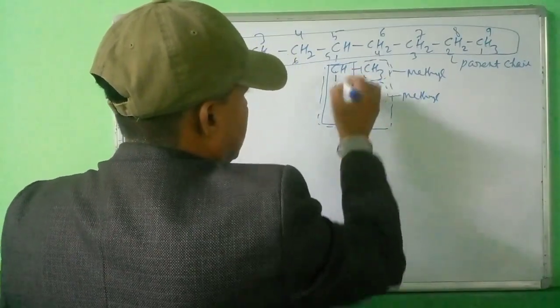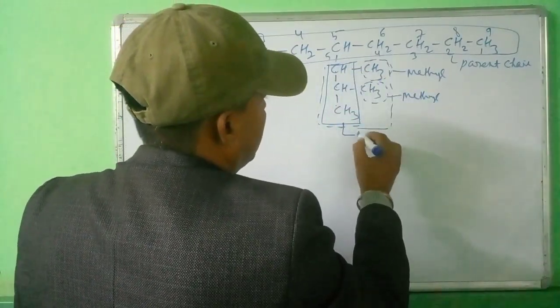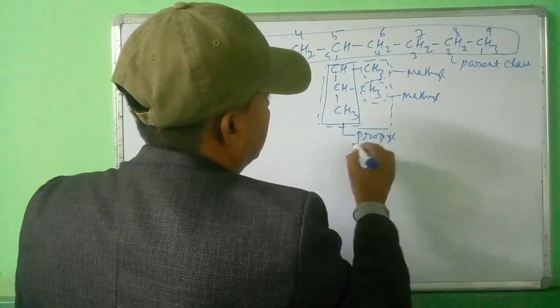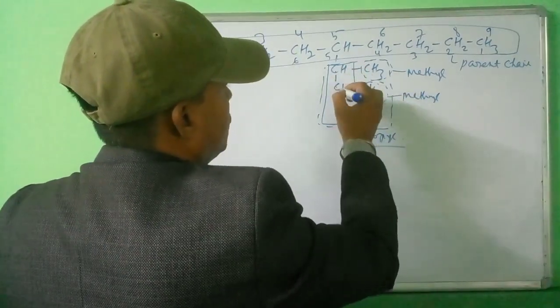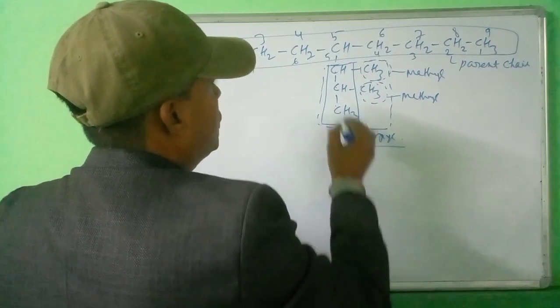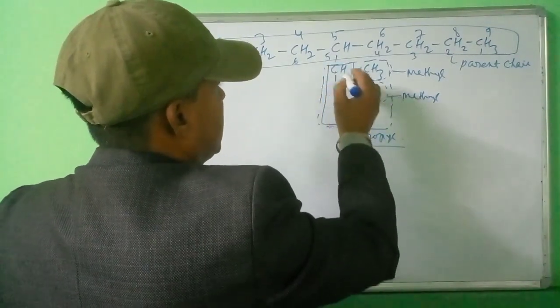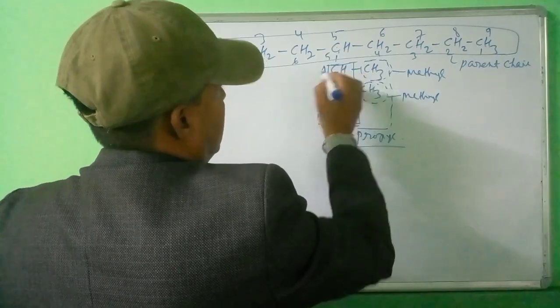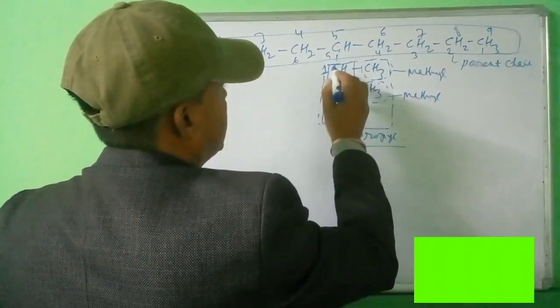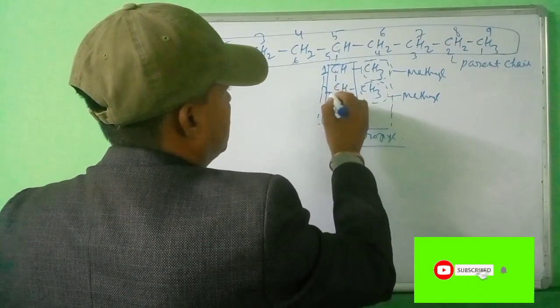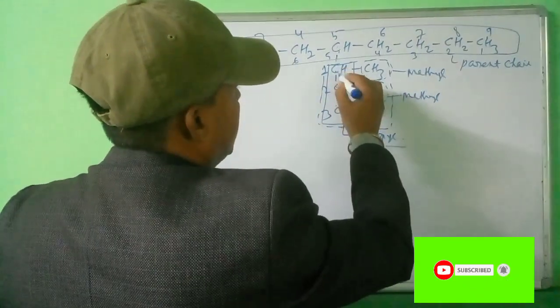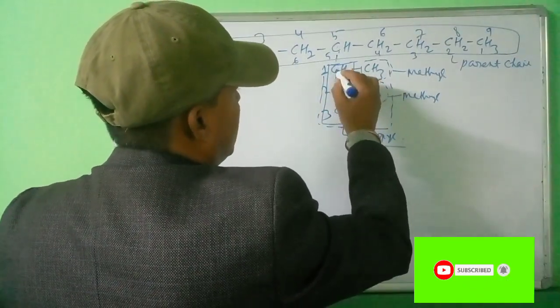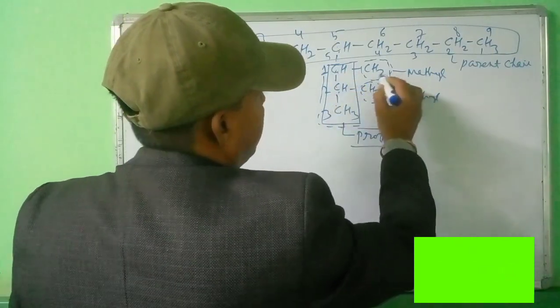This here is the complex substituent. This is the propyl, 3 carbons: 1, 2, 3, and we also have to give the numbers. The carbon first bonded with the parent carbon always gets the number 1, not the lowest possible number, always the number 1, then 2, then 3. And the first position and second position have the alkyl groups.